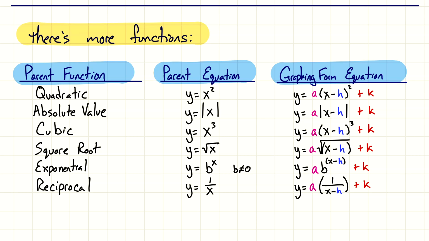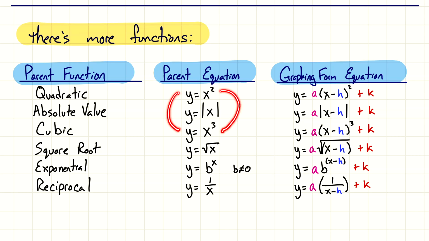I'm going to briefly discuss these, and then I'll go into more detail on each one as you're copying this down. Third on this list is our cubic function, which actually looks very similar to our quadratic.